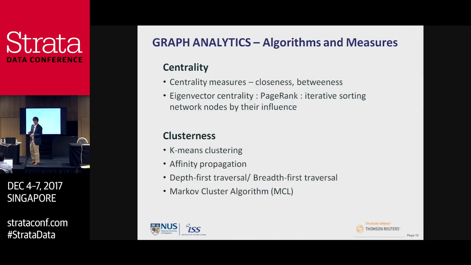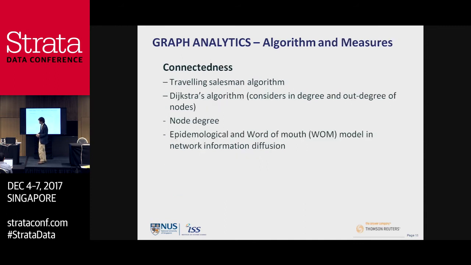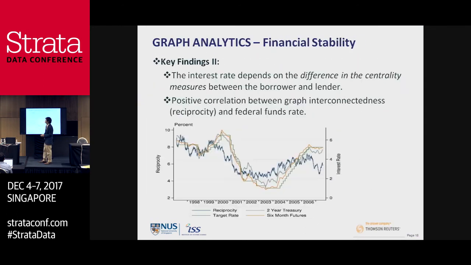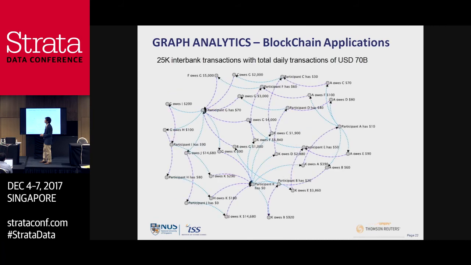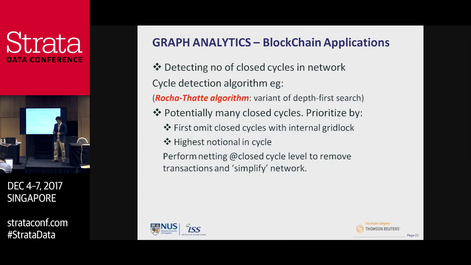So it resolves gridlocks by first identifying closed cycles, or I would say subgraphs, in the network.